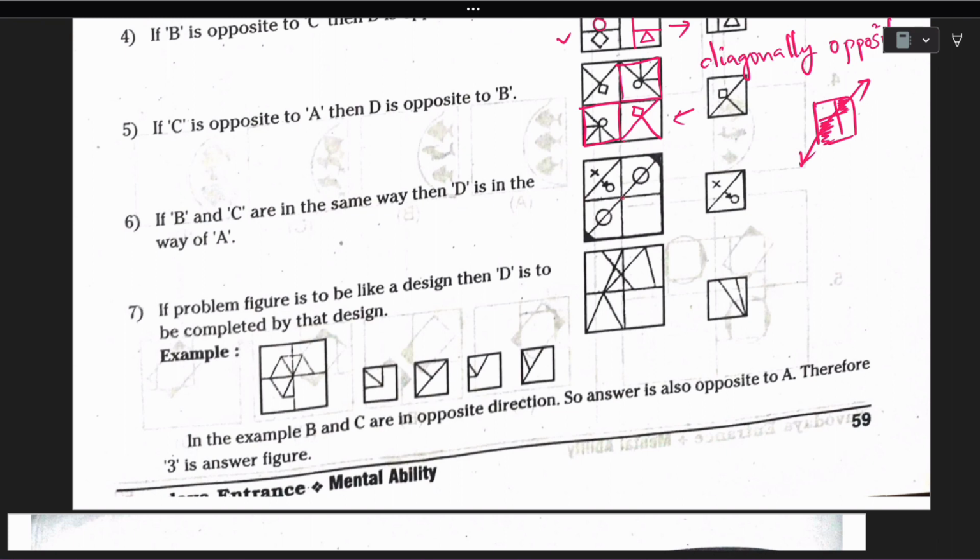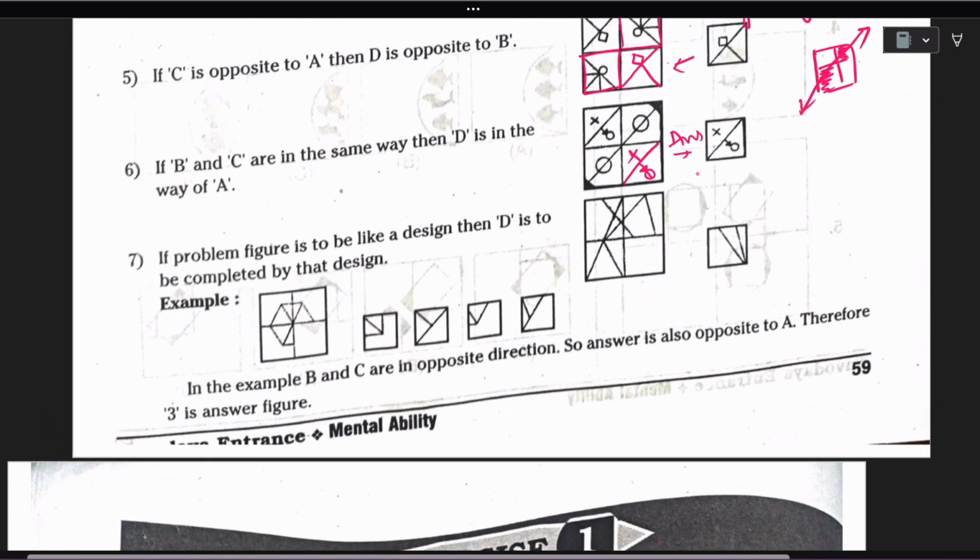These two figures are same. So we need to just copy the top left figure here. That is a cross mark here, and then a small line from here, and then a small triangle, and then a circle. This can be seen in the answer here.